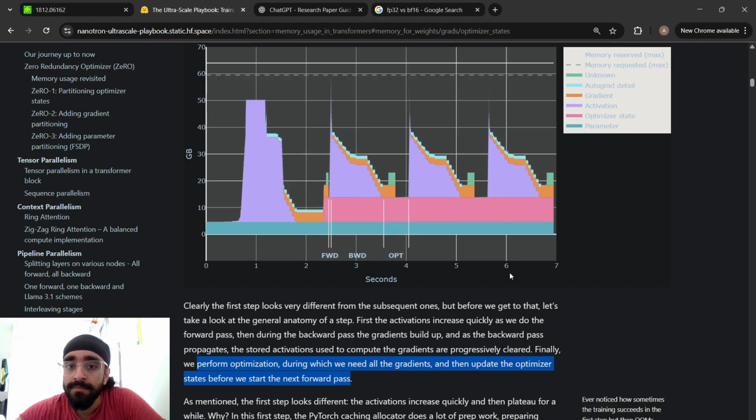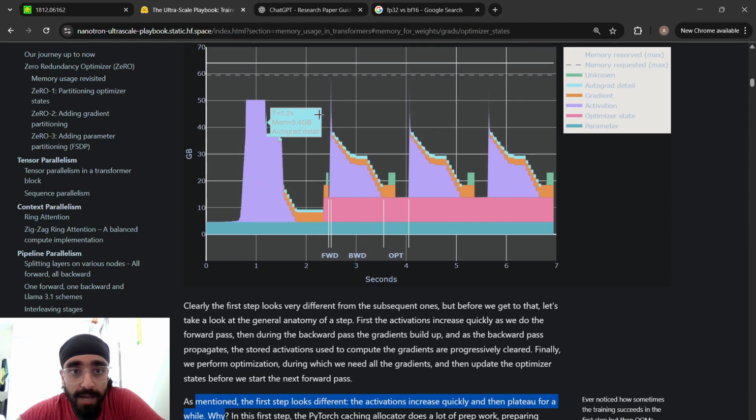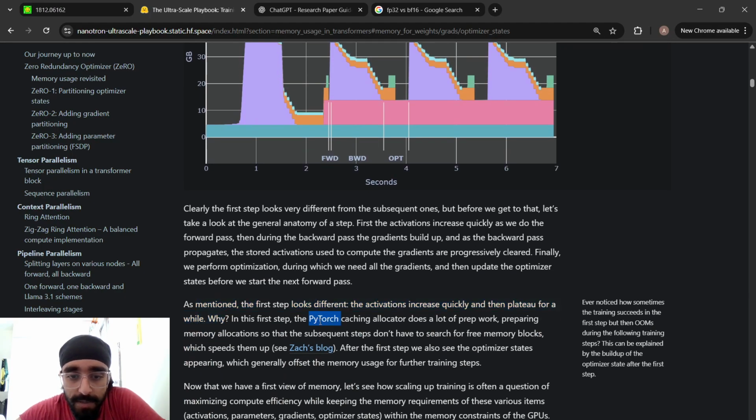What else? Yeah, the activations plateau. Why do they plateau? I don't know. PyTorch's caching allocator does a lot of prep work preparing memory allocations. Oh, caching allocator, somewhat related to what I said.